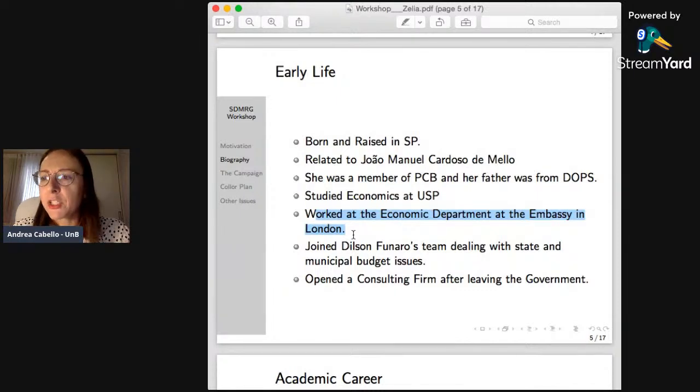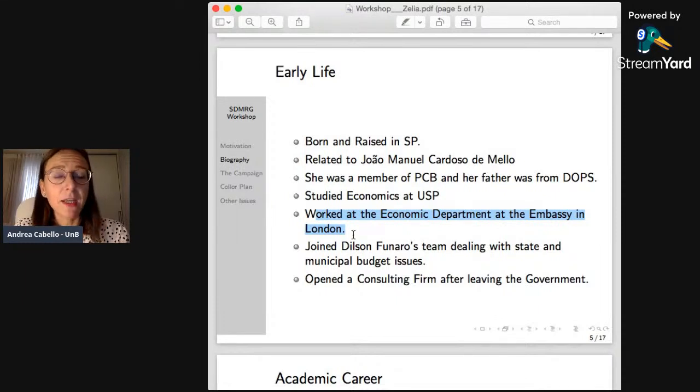When she came back, she started working first at the government of São Paulo, and then later, because of contacts that her cousin had, who at the time worked at Dilson Funaro's office, she ended up joining that office. She started working especially on state and municipal budget issues. That's very important, because one of the budget issues that she renegotiated was that of the state of Alagoas, which was then governed by a young governor called Fernando Collor.